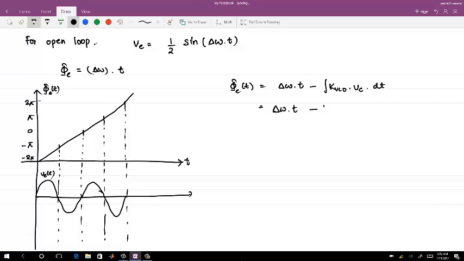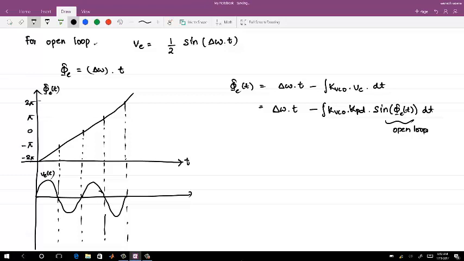For now, let me say K VCO times K PD, whatever the phase detector gain, times your phase error. In this case the phase error is sine of phi e times dt, and I am considering this phase error for the open loop case. How does it change the resultant phase error?